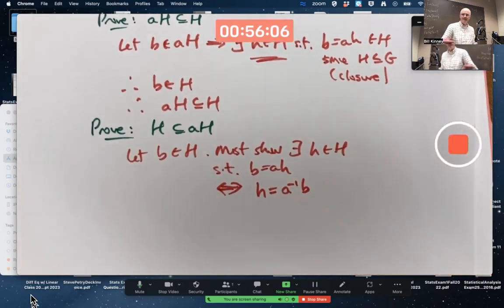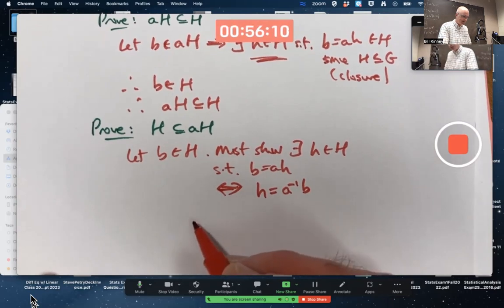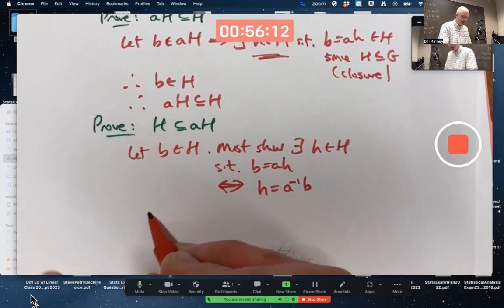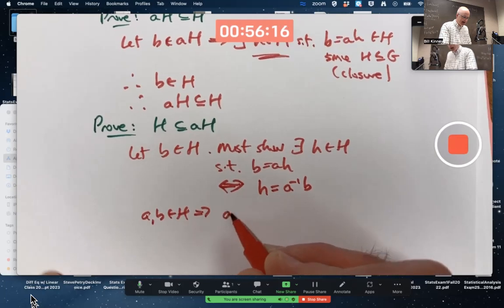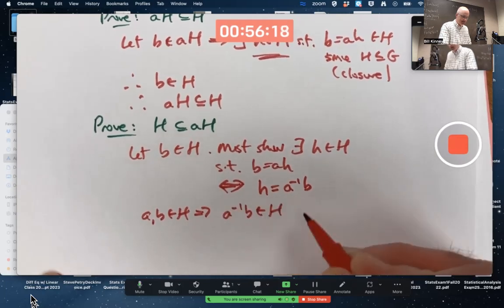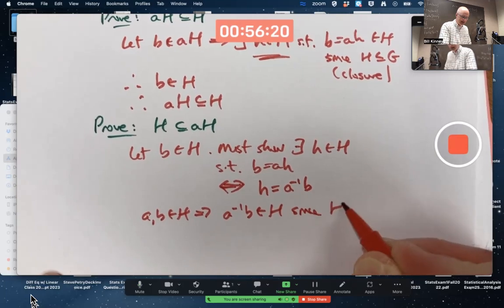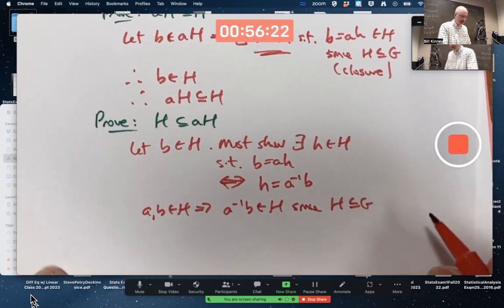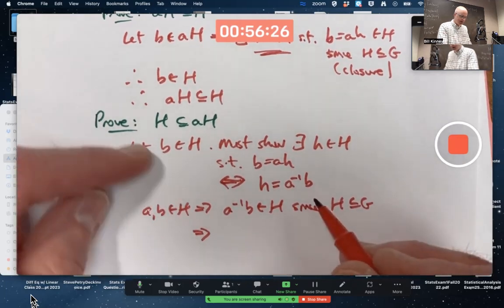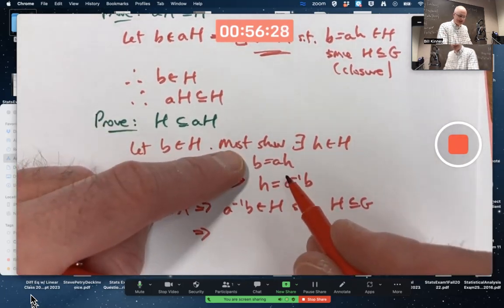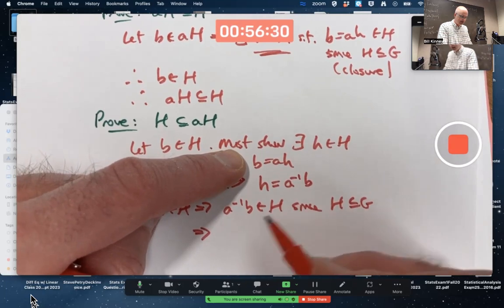I mean, the polished proof would probably say something like this. A and B in H implies A inverse B is in H, since H is a subgroup of G, which implies, what am I trying to do? Trying to show the B that I start with is A times something in H. The something is going to be this thing.